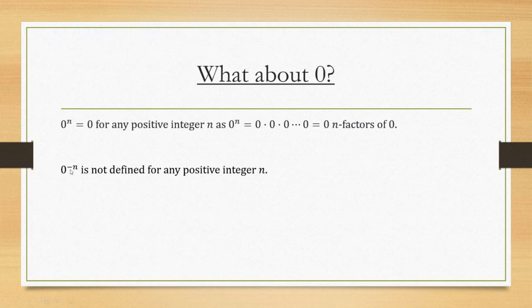Well, that's not defined, mostly because you can't divide by 0. You cannot divide by 0. And in particular, this is something else I wanted to point out. 0 to the 0 is not 1, it's not 0, it's nothing. 0 to the 0 here is not defined.